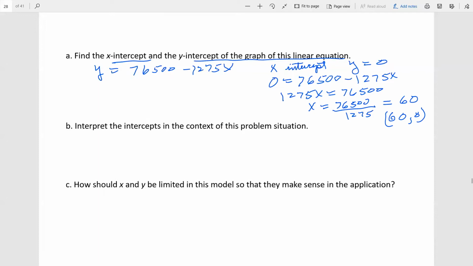Now the y-intercept, we'll set x equals 0, and we get y equals 76,500. So the intercept would be (0, 76,500). So here are the two intercepts.